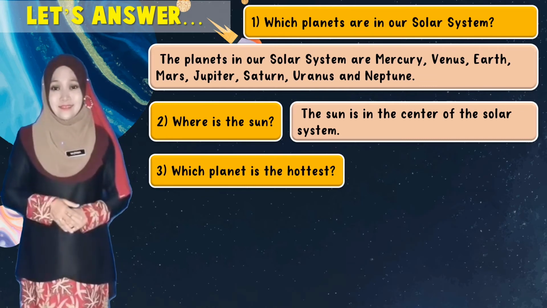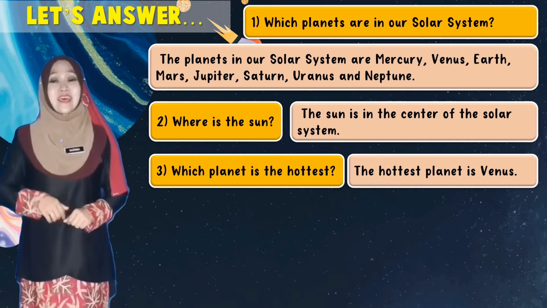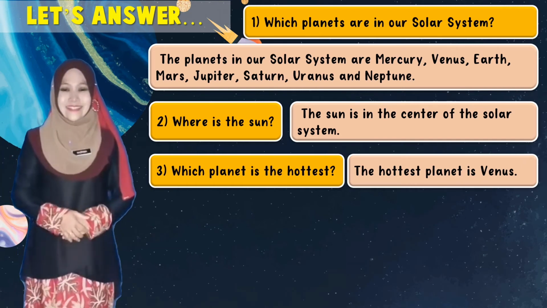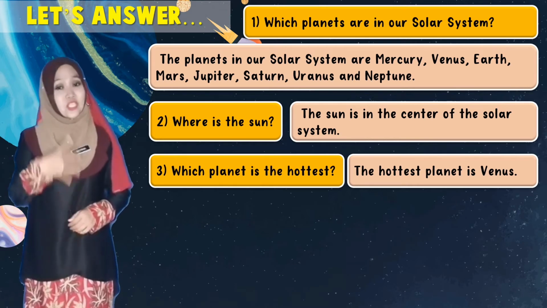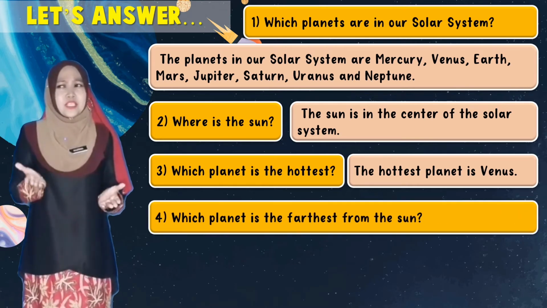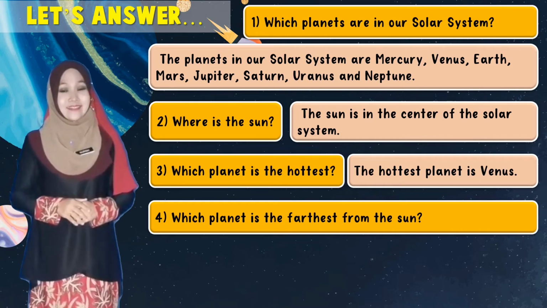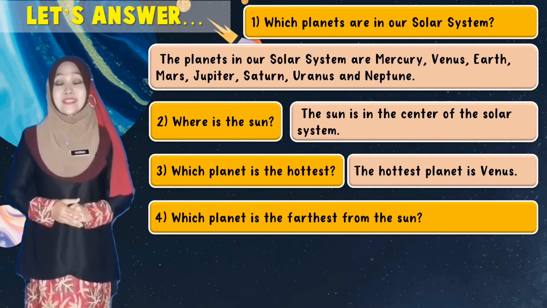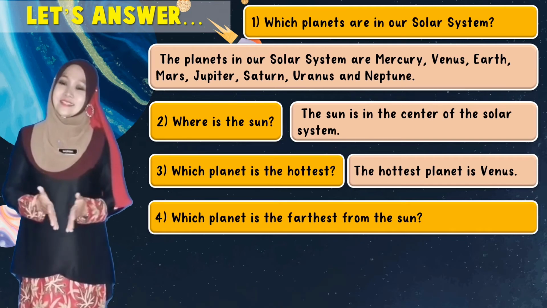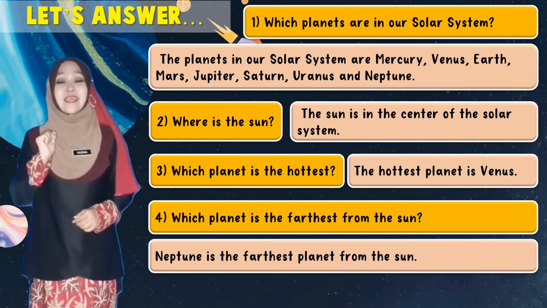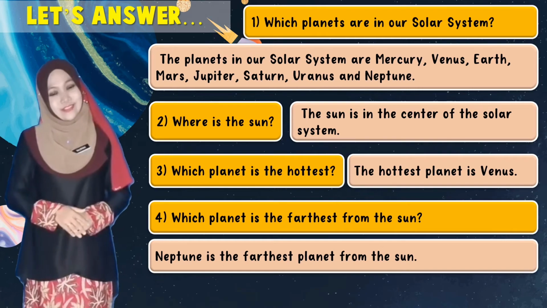What's the answer? The answer is the hottest planet is Venus. And the last one, question number 4. Which planet is the farthest from the Sun? Do you know what's the answer? The answer is the farthest planet from the Sun is Neptune.